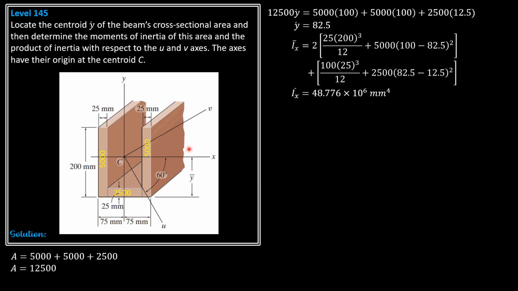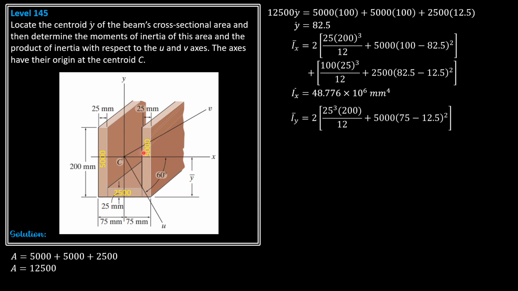Īy, on the other hand, is equal to, for the two vertical rectangles, 2 times the quantity 25 cubed times 200 over 12 plus 5000 times the quantity 75 minus 12.5 squared. 75 is the distance from the y-axis to the outer edge of the vertical rectangle.